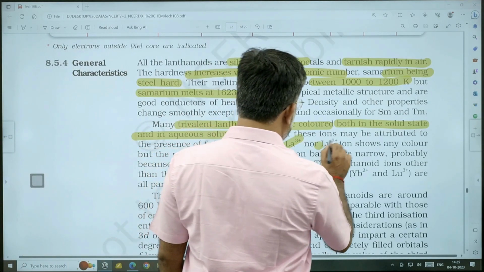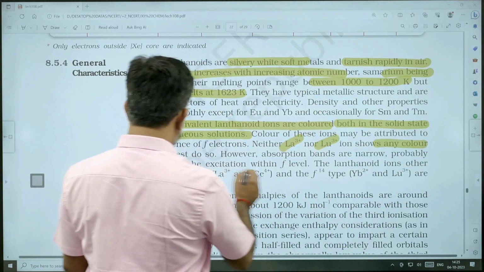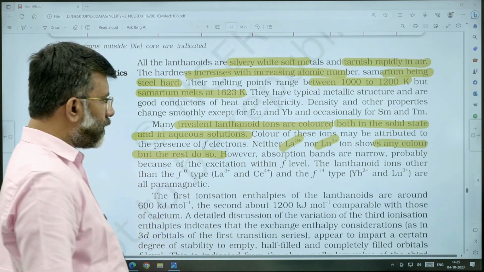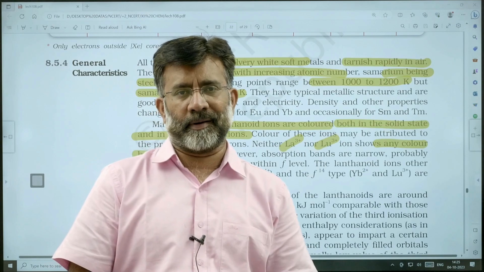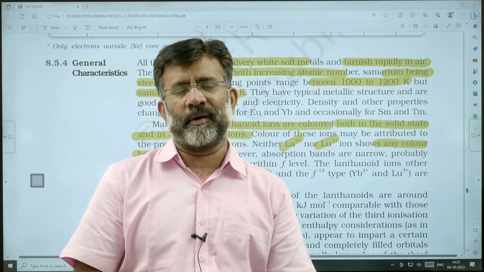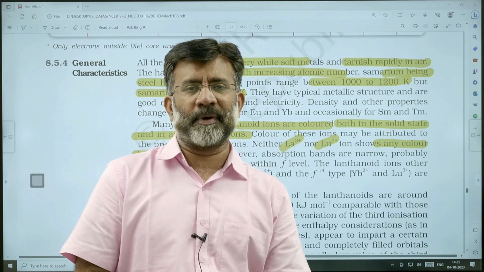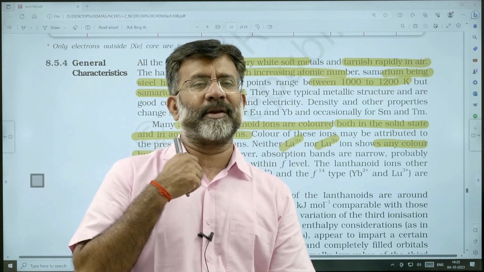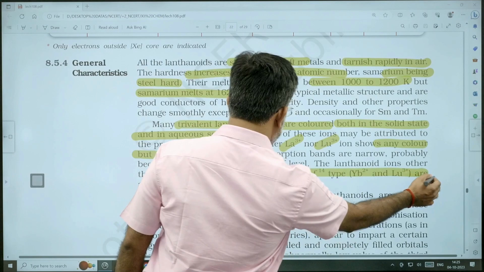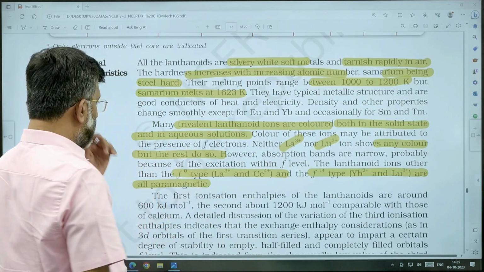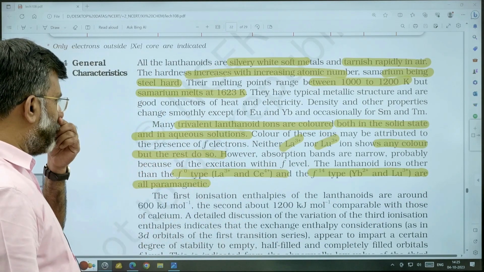La3+ and Lu3+ do not show any color, because to show color there must be unpaired electrons. So f0 may not show color, f14 may not show color. This is f0, this is f14. The others are paramagnetic in nature.